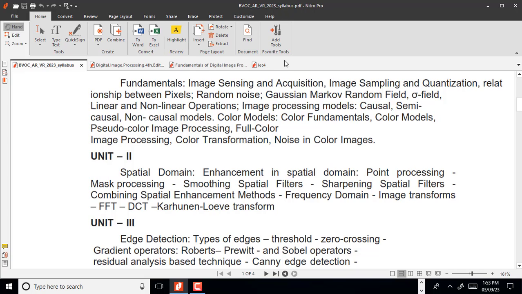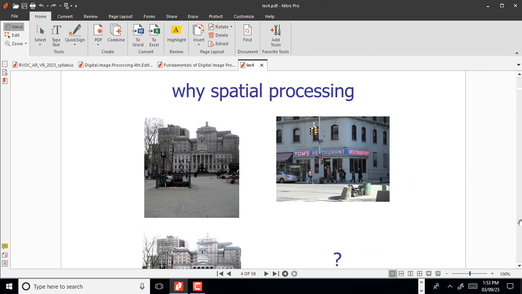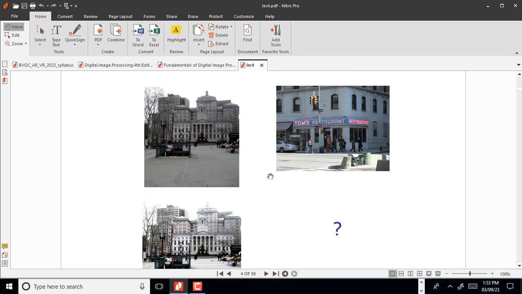Now I'll move to the discussion of why we need spatial processing. In these pictures, the first, second and third, there is a lot of contradiction in illuminance, clarity, brightness, or shadowing.